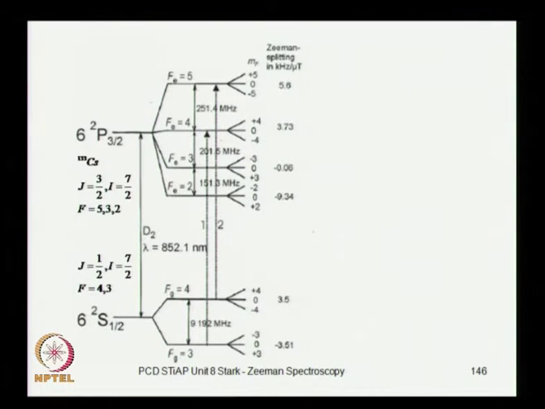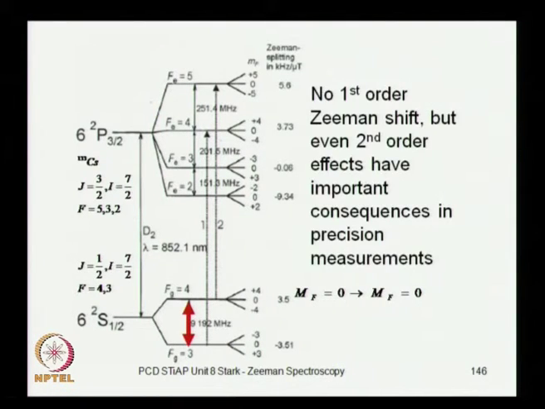If you look at the cesium transitions, the particular transition between these two states is between m equal to 0 and m equal to 0, and that is nice because there will be no first order Zeeman effect on this. Nevertheless, even the second order effects are of some importance, and this is what gives you the frequency standard for the measurement of time.